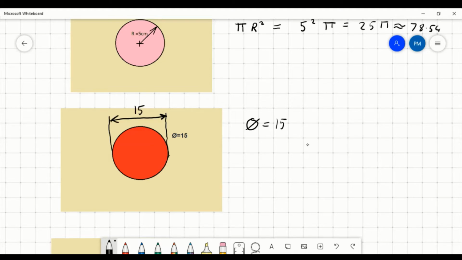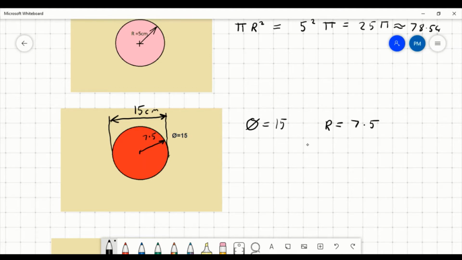And I've no unit, but we can assume that's centimeters for this question. So if that's 15, that means my radius is equal to half of that, because that's half the distance across. So my radius will be 7.5, which is half of 15.